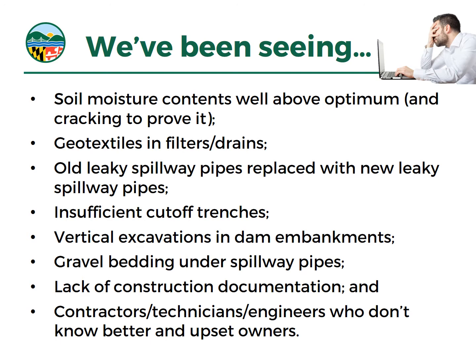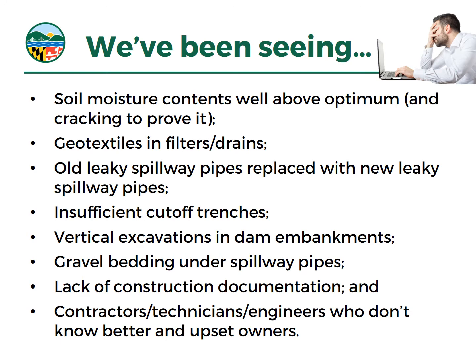We've seen folks using geotextiles in their filters and drains, which is a big no-no. But they think they're doing the right thing, and it's common practice in other types of construction to add geotextiles. People aren't stopping them, though. That's a problem.